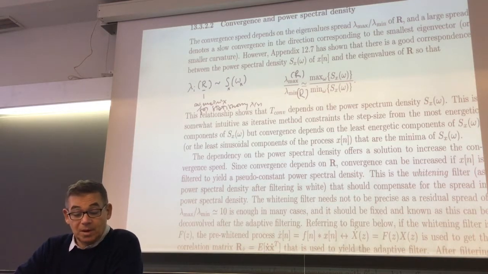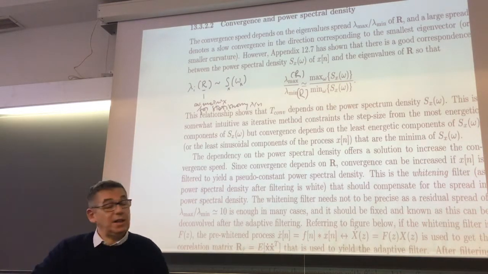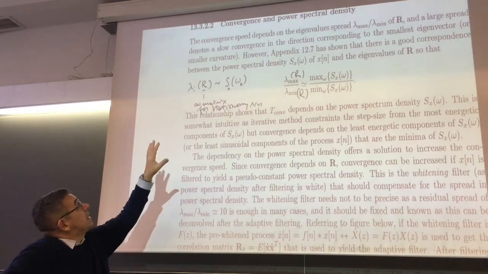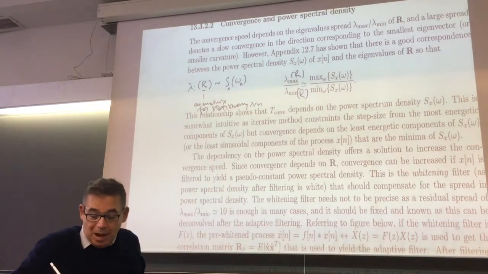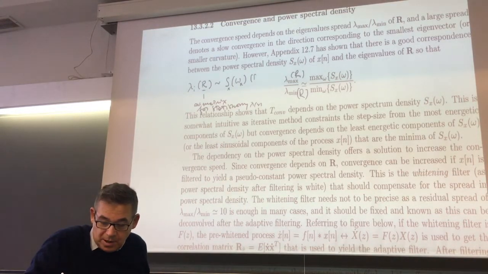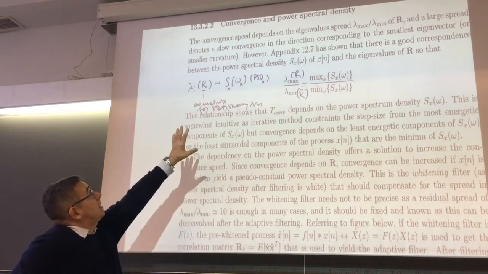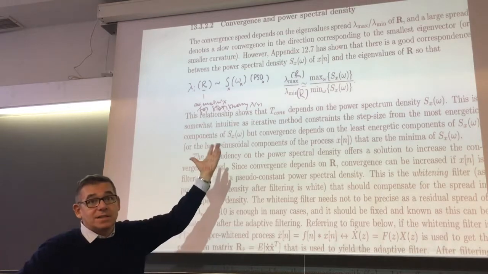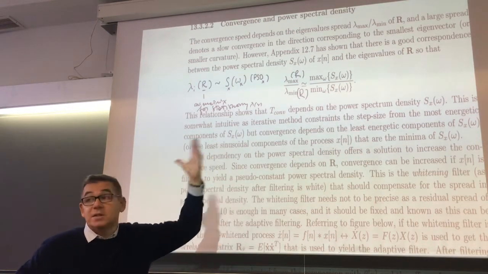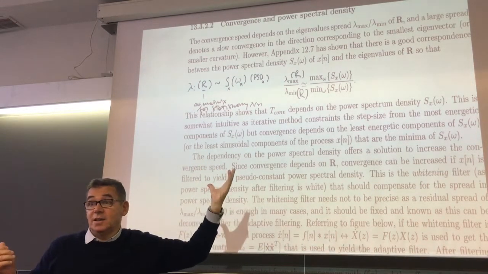Okay. But what is important is that if we say that the eigenvalue is approximately correspondent to the power spectral density, remember, this is the power spectral density of X. Okay. So if that one is corresponding to the power spectral density, then lambda max, the maximum eigenvalue, is the maximum power spectral density.